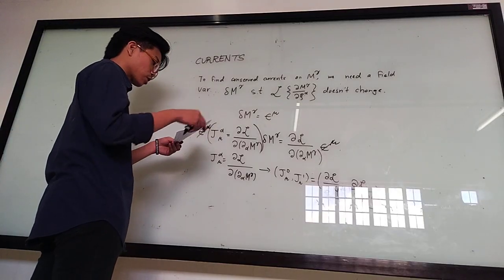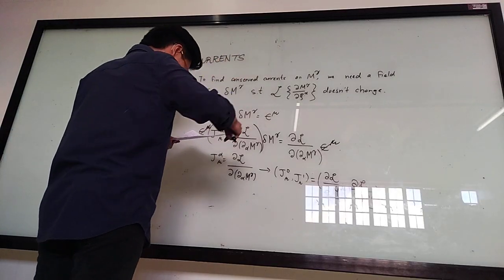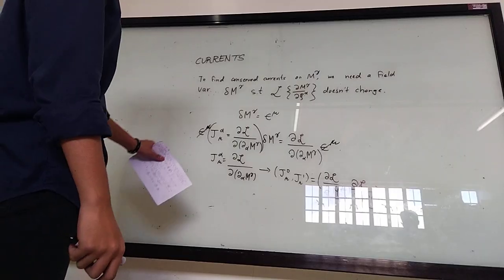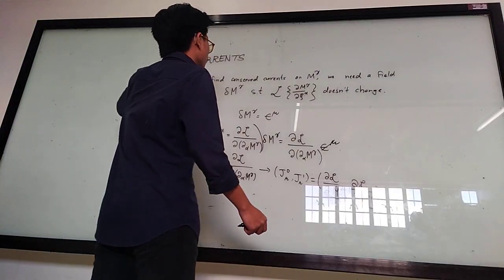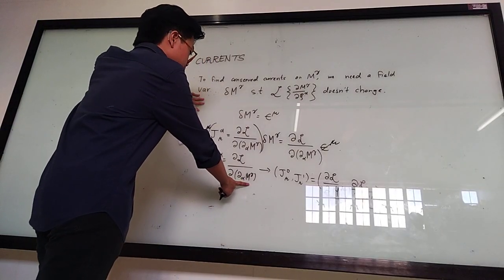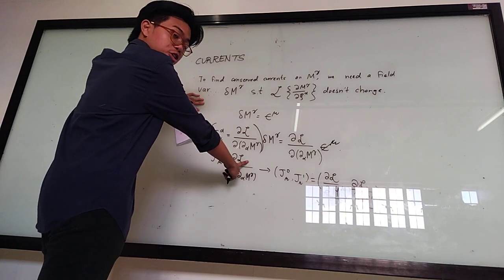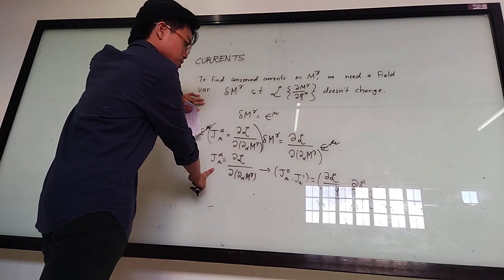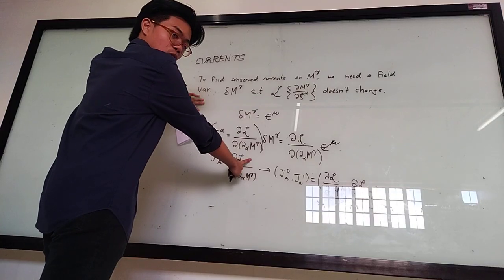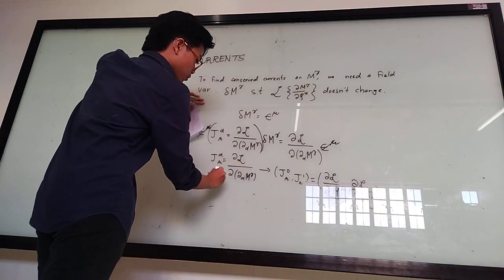So that's for the charge pairs. So for any string M with the Lagrangian density of this quantity, any charge current or conserved current on it would satisfy this relation over here.